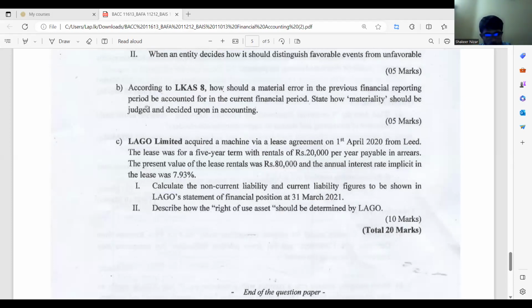Now, how do we calculate the current portion? The lease payment, this 20,000, minus the next year's interest payable. This is the current portion. For the non-current liability, you take the total minus this amount, and then you can get it easily. I told you this is easy. This is the answer.